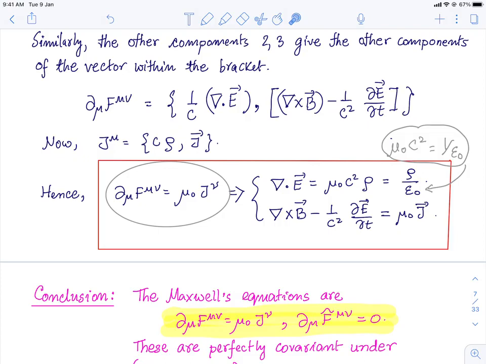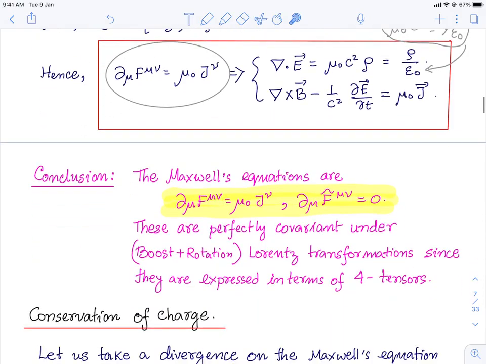Whereas if you take the divergence of the field strength and set that equal to the 4 current vector, that is the Maxwell's equation with sources, and the identity where the divergence of the dual field strength vanishes gives the other set of 4 Maxwell's equations. That's the story. It's as simple as that. The whole game fits into this kind of a picture.